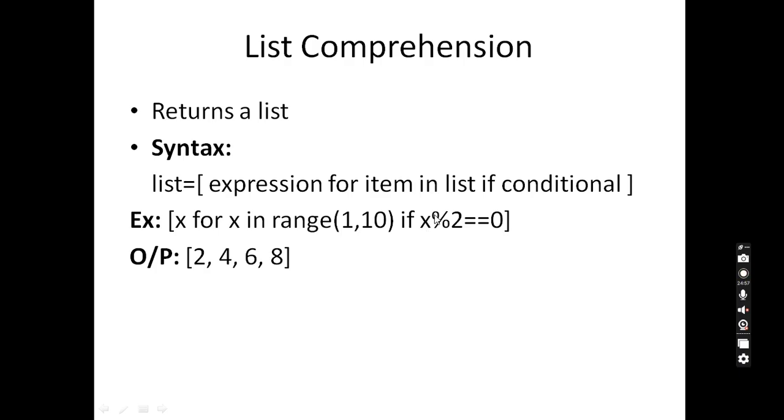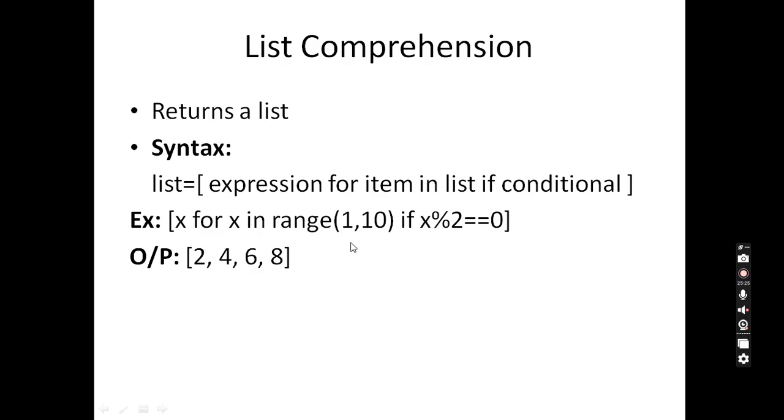And the if condition: if x modulus of 2 is equal to 0. First the x value will be 1. 1 modulus of 2 is equal to 0? No. Then it goes to the next value, 2 modulus of 2 is equal to 0? Yes. So the value 2 will be added here.